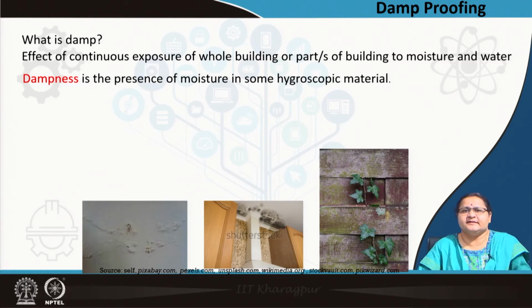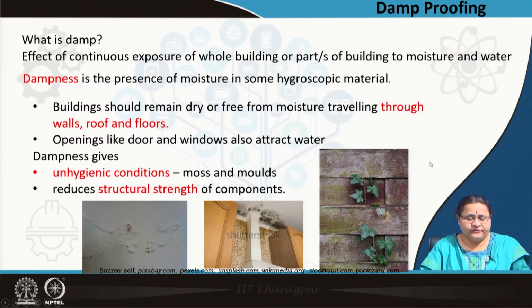So, concrete, considering our domain of building, is not that absorbing like brick or wood. Here you see some pictures where you can understand that damping is happening. Even due to moist condition, trees and plants can grow, mosses and algae can grow, which is very much unhygienic.